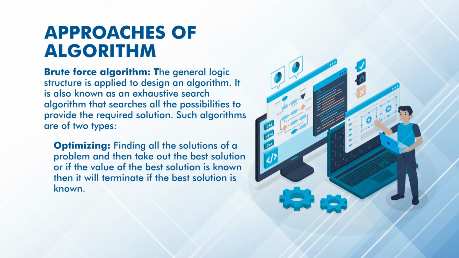Optimizing is the first one, which means finding all the solutions of a problem and then taking out the best solution, or if the value of the best solution is known, then it will terminate when the best solution is found. Next is sacrificing. As soon as the best solution is found, it will stop.